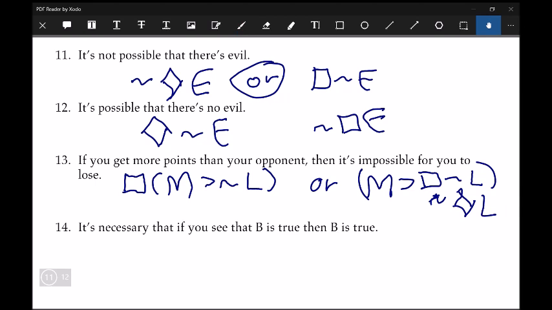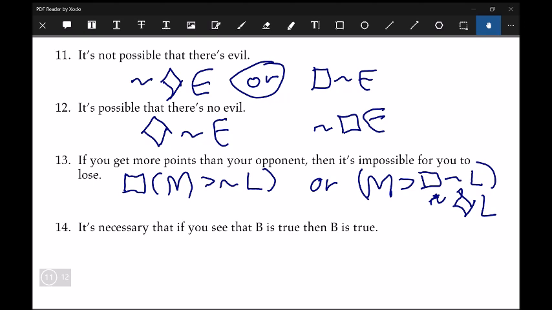Suppose you lose. Or suppose you get more points than your opponent. Then you couldn't have lost in itself. But you could have lost because you could have gotten fewer points. This would take away your free will. If in the actual world you get more points, then you couldn't have lost.